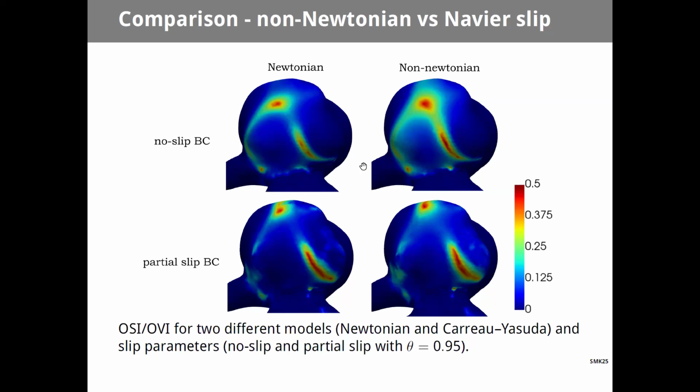Compared if you use no slip boundary condition and partial slip, so very small amount of slip on the boundary. And you can see that while going from Newtonian to non-Newtonian did not change the location too much, going from no slip to slip did change the picture reasonably significantly.